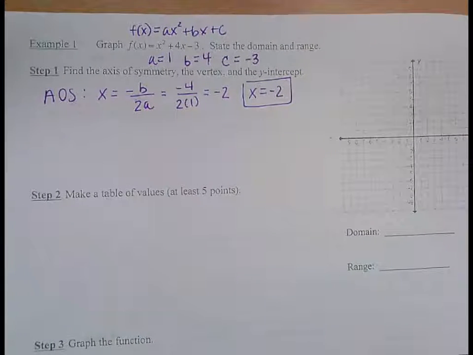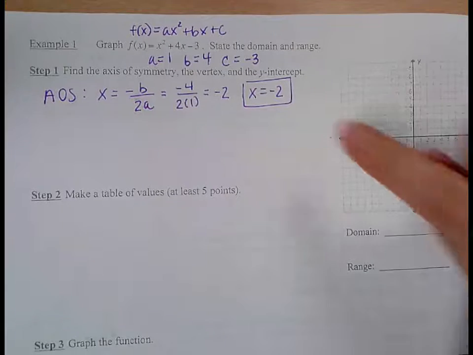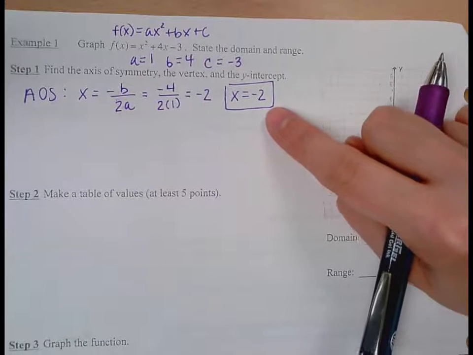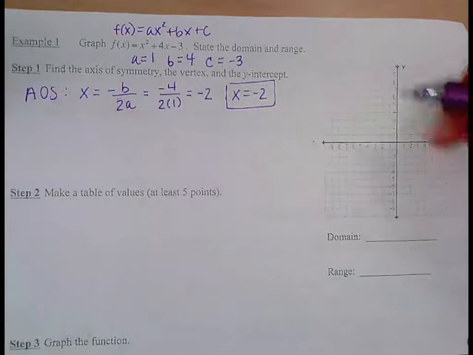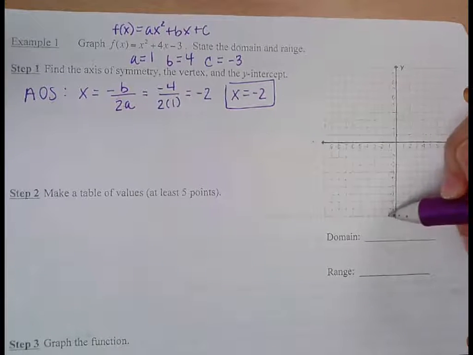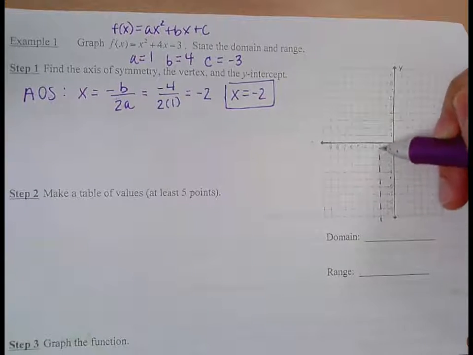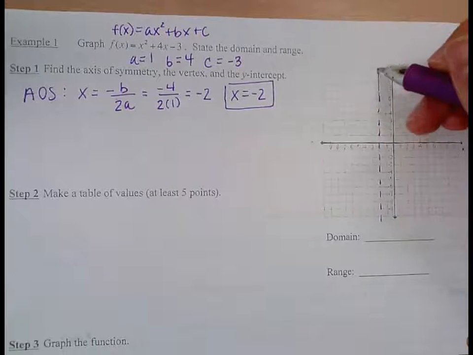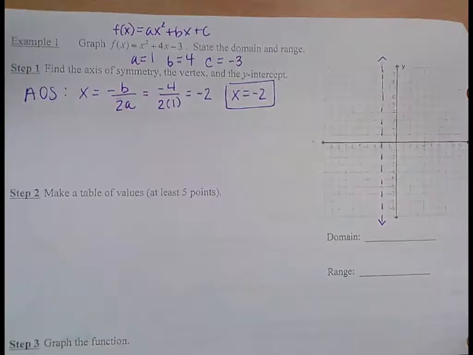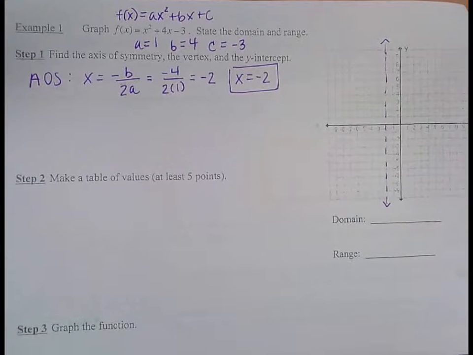The number itself is not the axis of symmetry, the equation is. So I will typically draw this in because I use it to graph the parabola. So through the x value -2, I'm going to draw a dashed vertical line. Do you have to draw the AOS in? No, but it is helpful when you're graphing.